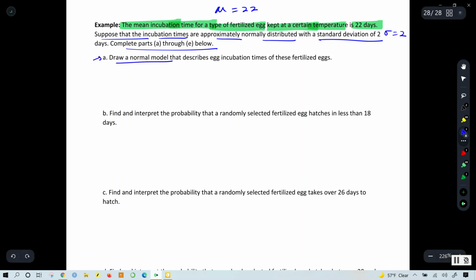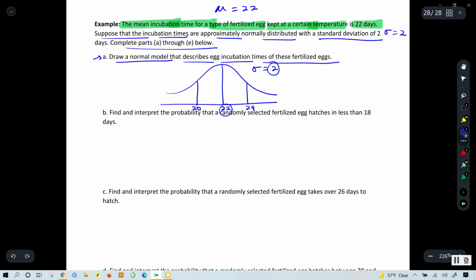A. Draw a normal model that describes the egg incubation times of these fertilized eggs. This is the normal model with a mean of 22 and a standard deviation of 2. Of course, the inflection points where it starts to drop will be 22 minus 2, which is 20, and 22 plus 2, which is 24.